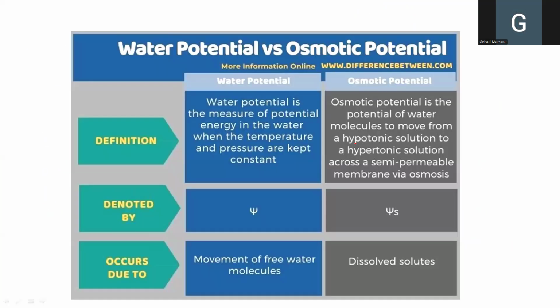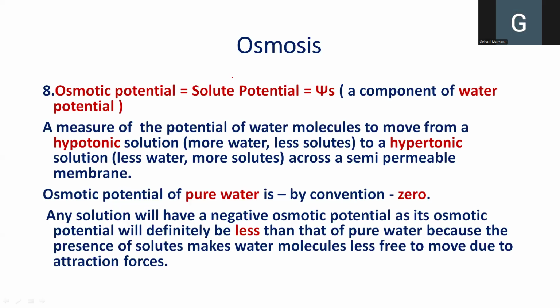Now here we can see a comparison and contrasting between water potential and osmotic potential. Water potential, as we said before, is the measure of the potential energy in the water. I'm sorry, we haven't said this, but why are we putting water potential and osmotic potential in comparison?